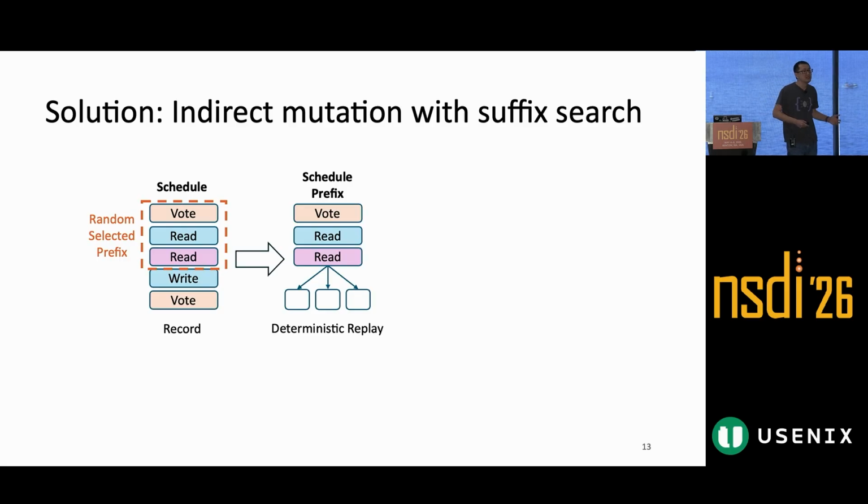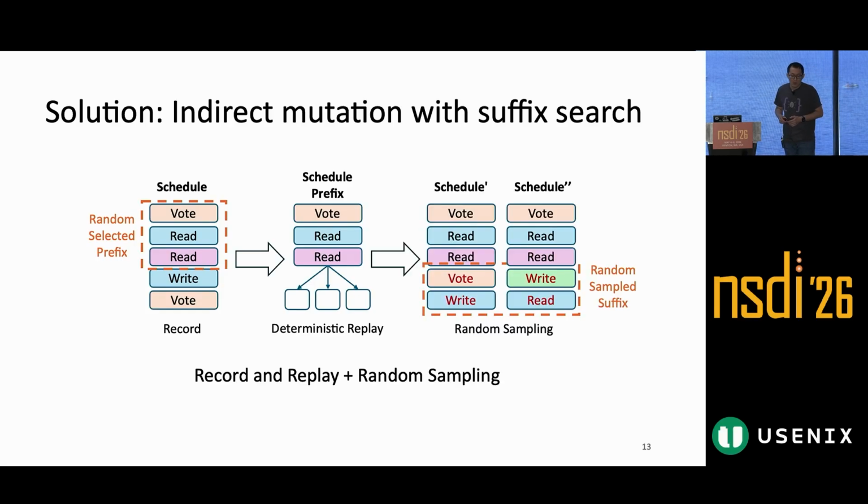Instead of continuing the record and replay, we stop here and see what other options we can take. And now, we go back to the random sampling. In this case, we generate a new set of schedules which share the same prefix as the input schedule, but have different suffixes. And this is how we achieve indirect mutation.